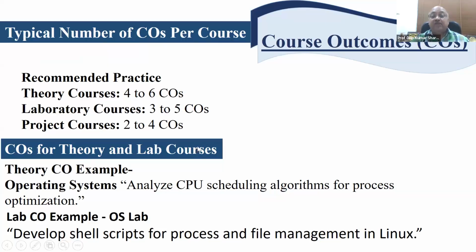For theory courses, the example I gave: analyze CPU scheduling algorithm for process optimization. Suppose you have a laboratory subject, operating system using Unix or Linux shell scripting: develop shell script for process and file management in Linux, like that.